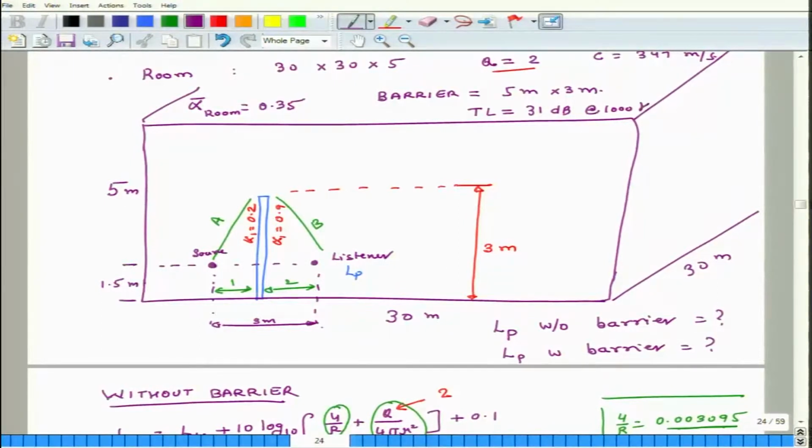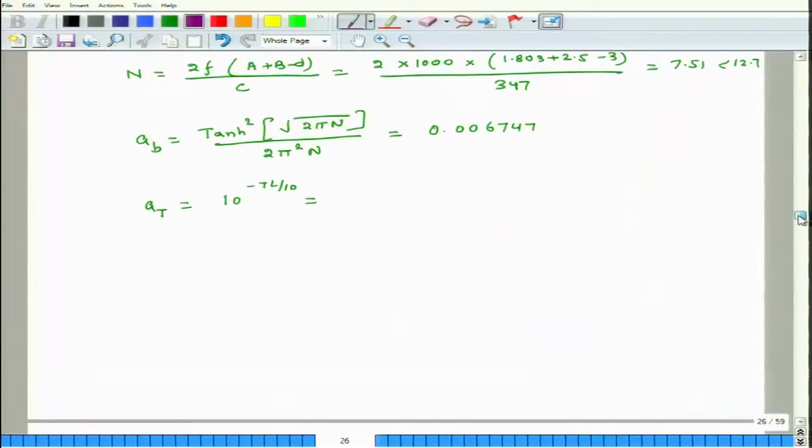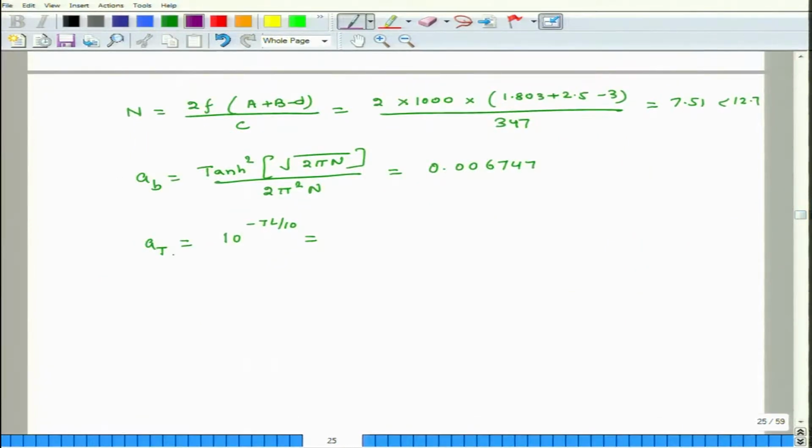This is one data I had omitted, I am sorry, but this transmission loss number will help us compute AT. So, this is equal to 10 to the power of minus 31 divided by 10, that is equal to 0.000794.